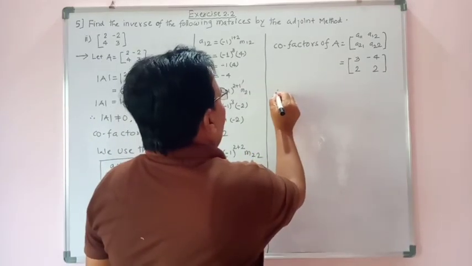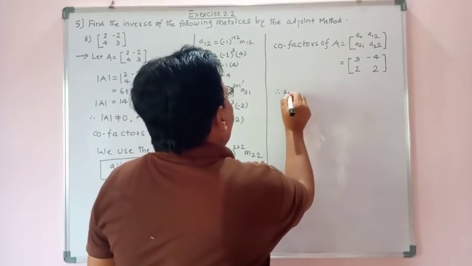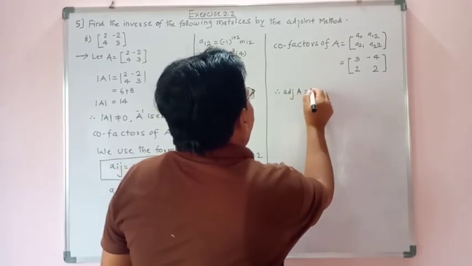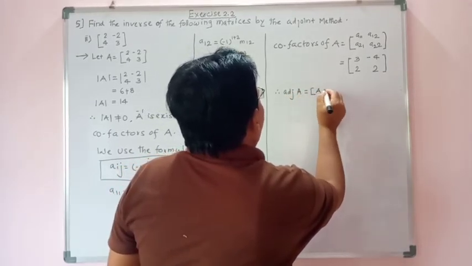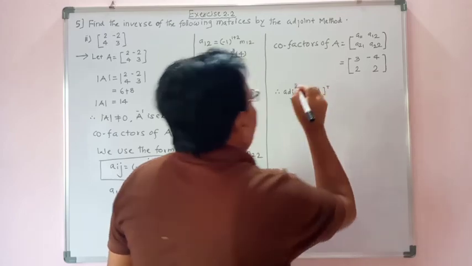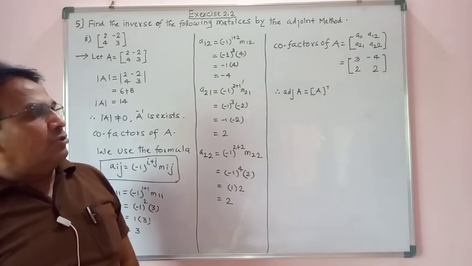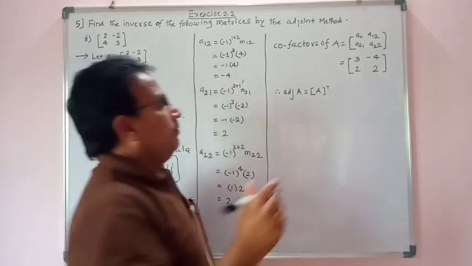Therefore, find the value of adjoint A. Adjoint of matrix A equals the transpose of the cofactor matrix Aij.